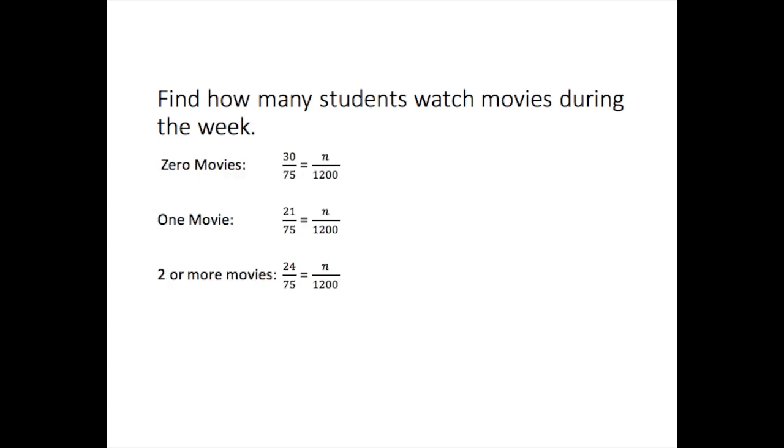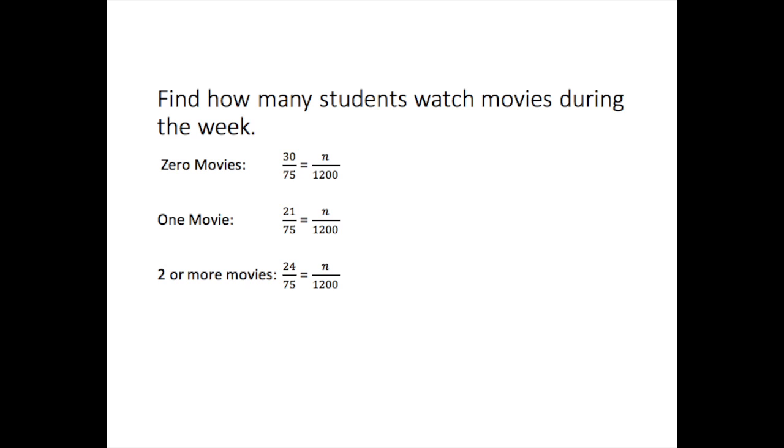So the way we find our information is we set up proportions. If you remember, 30 students out of 75 said they watched 0 movies. So we set up a proportion, 30 over 75 is equal to N over 1,200.